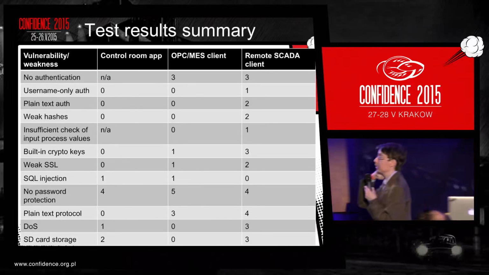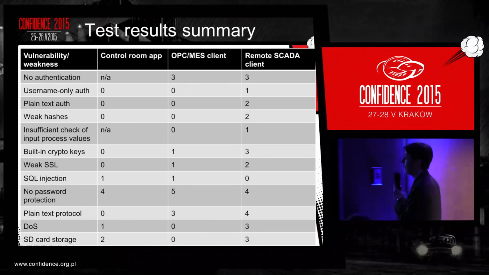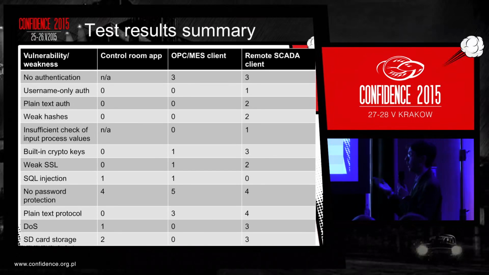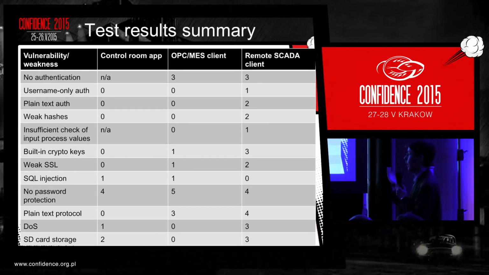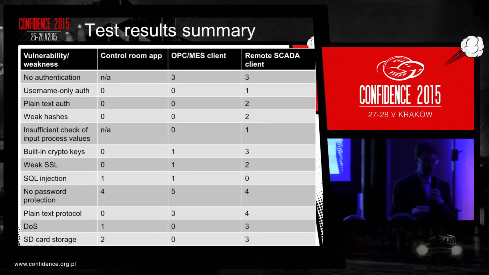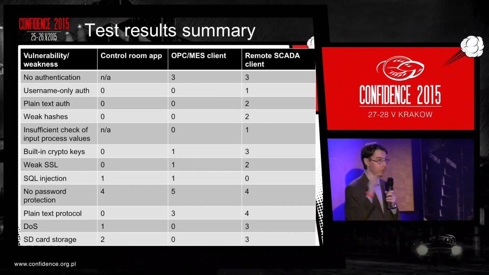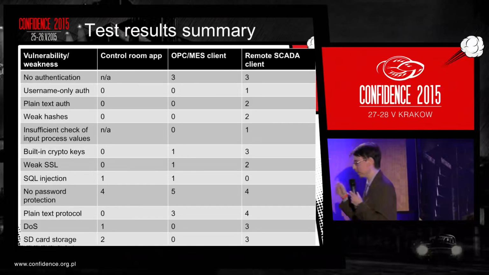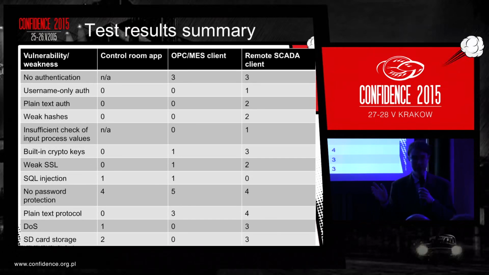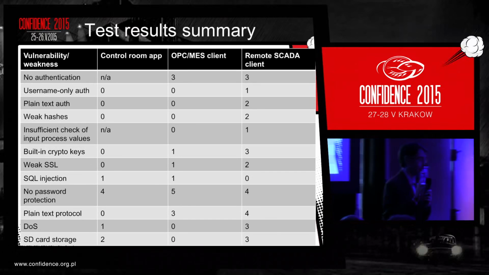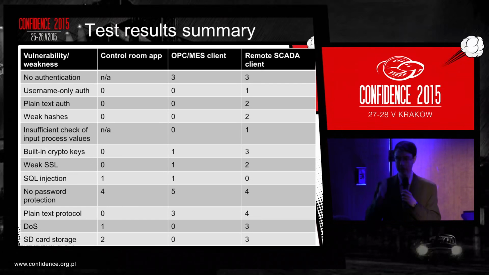Here is the test result summary. We have a bunch of authentication problems, found some crypto problems, SQL injection, denial of service, possible memory corruptions, and SCADA-related bugs. And of course, we can't show you the exact vulnerabilities, because the responsible disclosure process for ICS applications is hard, and fixing a vulnerability could take years.